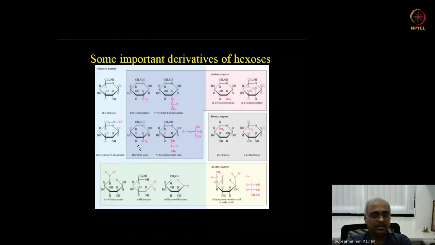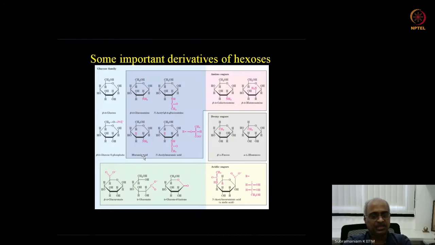Then in addition to this amino group as well as this acetylated amino group, sometimes you have an R group in the adjacent carbon, the third carbon, and that R group is usually lactic acid. Okay, and this lactic acid substituted version of glucosamine, this structure, glucosamine with the lactic acid, we call muramic acid.